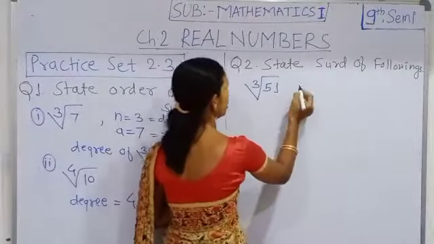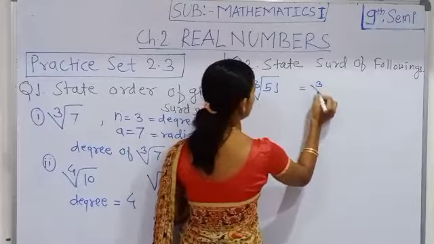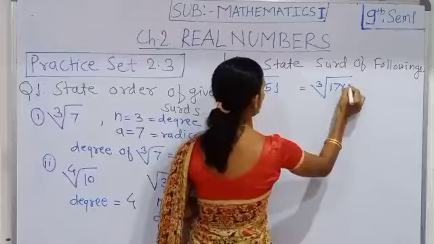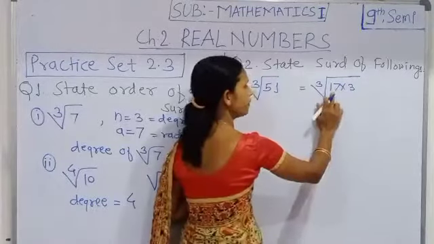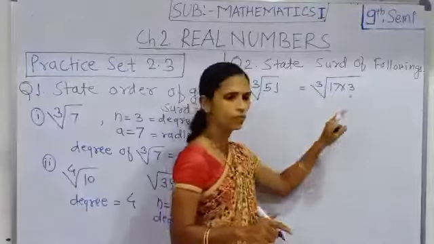If 51 is factorized into 17 into 3, then 17 and 3 are both prime numbers.